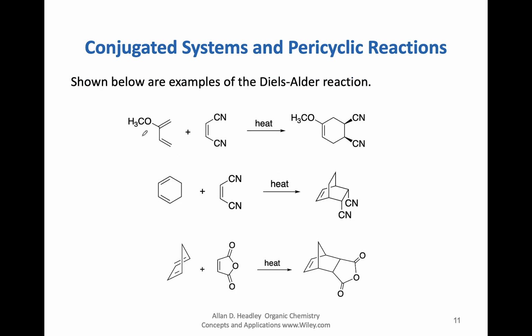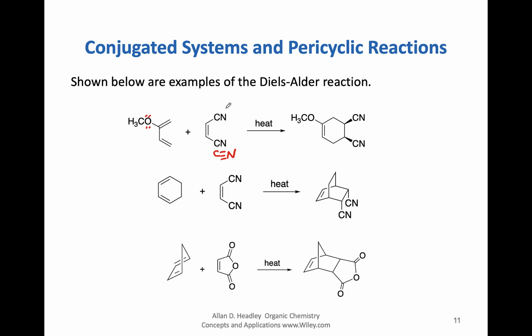So here is the diene. As you can see, this is an electron-rich diene, which makes it a favorable reactant. Here is the dienophile, and notice it has two CNs. Remember, the CN is a C triple bond to the N. So it's electron withdrawing, which means that this dienophile is a very reactive dienophile for the Diels-Alder reaction.